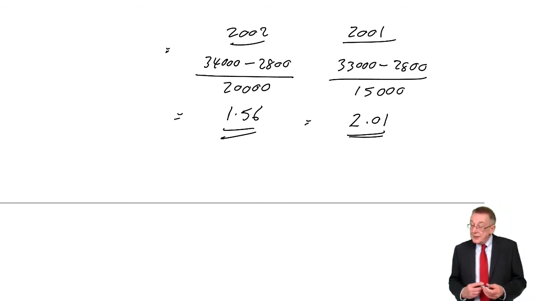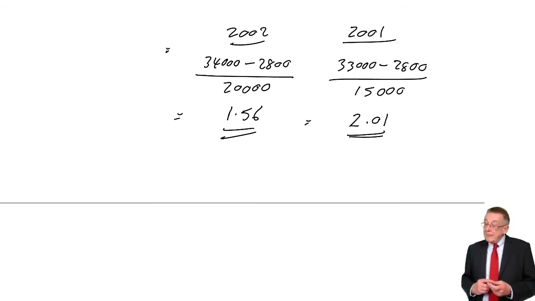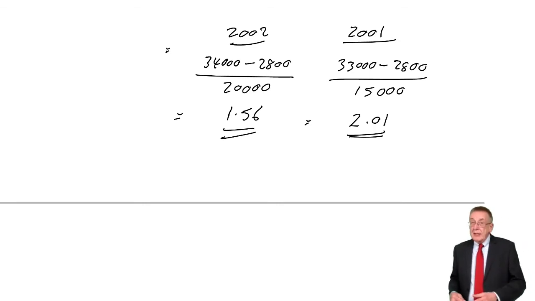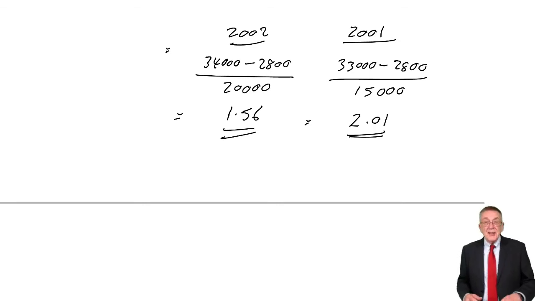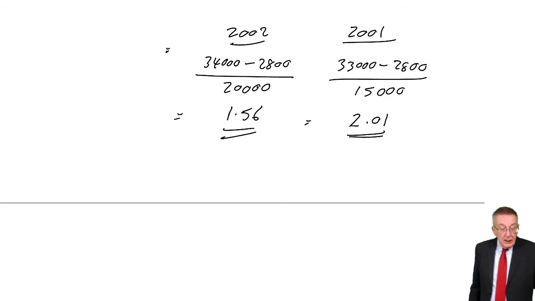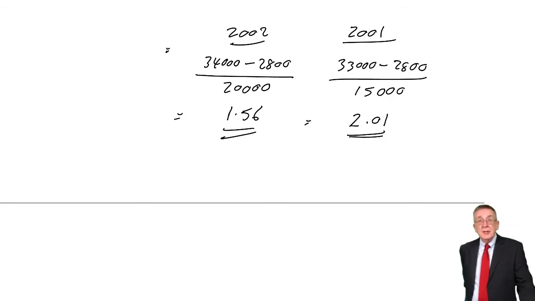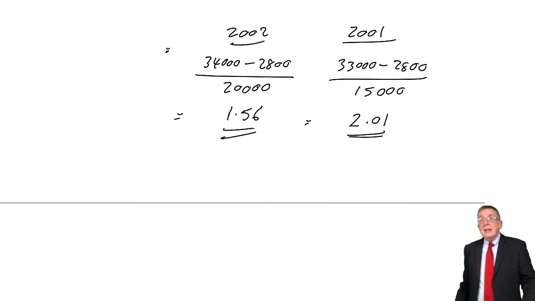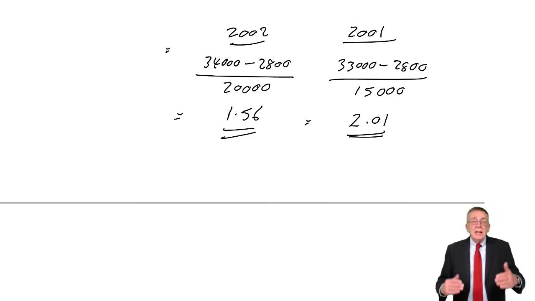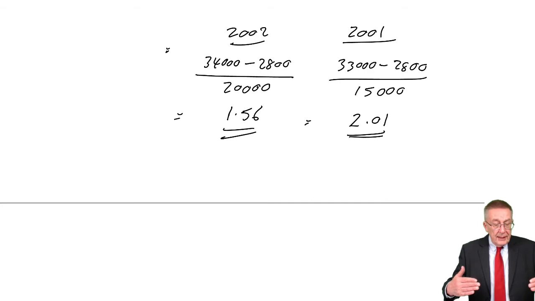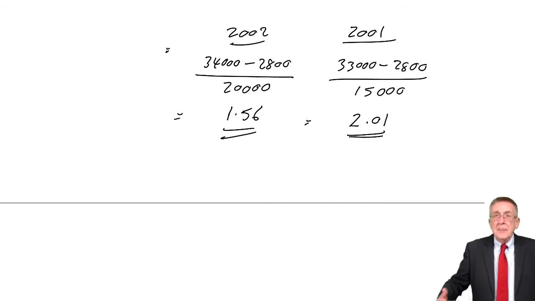The other reason is that the higher that figure is, the more the business is retaining. Last year they retained 15,200, this year only 11,200. Why does a business retain? They retain to expand the company.